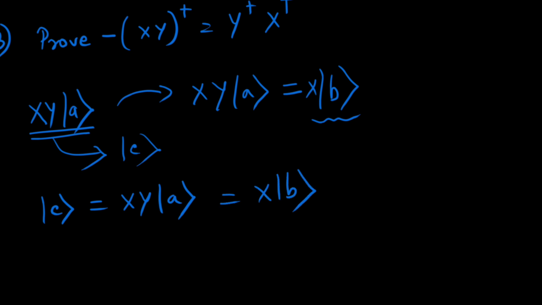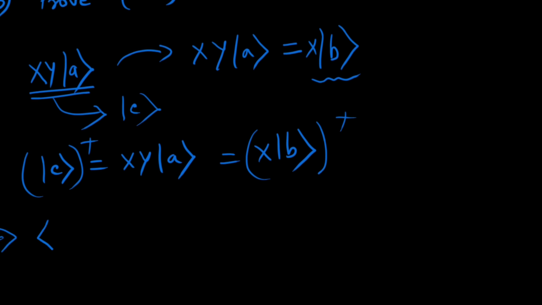Now if we take the Hermitian conjugate on both sides, what do we get? We get the bra of C equal to the bra of B, times the Hermitian conjugate of x. Now what is B?